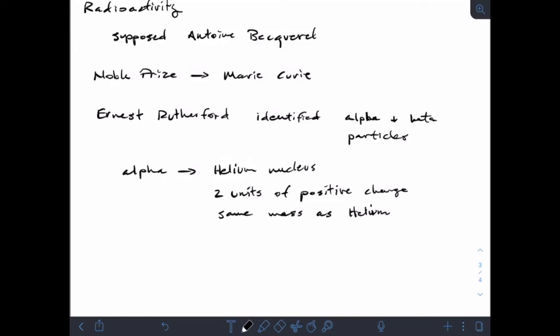At this point in time, they still hadn't quite worked out what a nucleus was, or what a proton was, or anything like that. They're just going on the idea that this thing has 2 units of positive charge. And then beta particles are negatively charged.